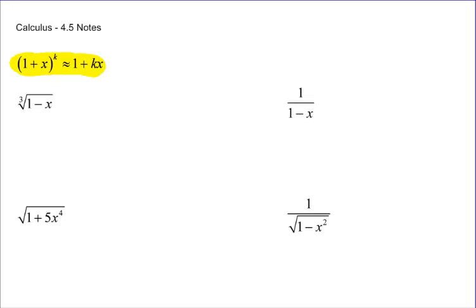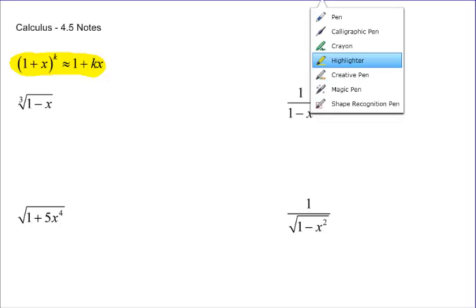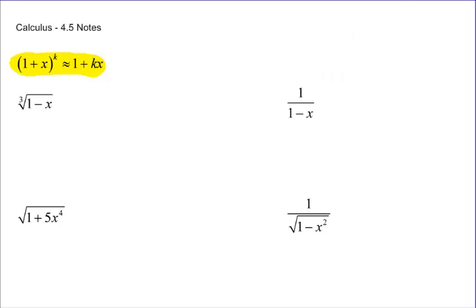So a result of linearization is this little guy right here, and it's a relationship between the linearization of a function and a power, especially if you have a small value of x, so 1 plus x to some power. On all of these, we could do all of these very simply. We just need to make sure that they're all written with a plus sign and to the appropriate power.